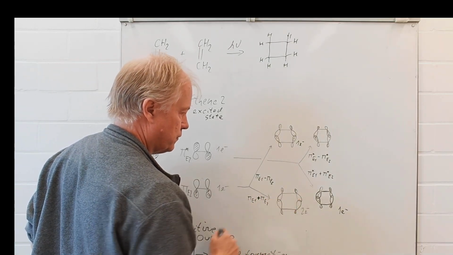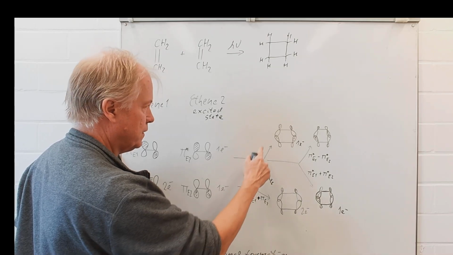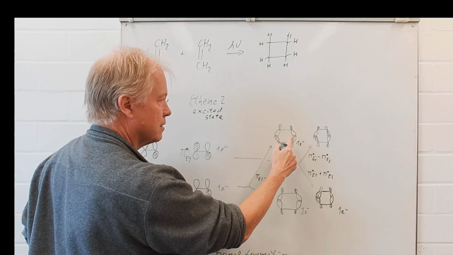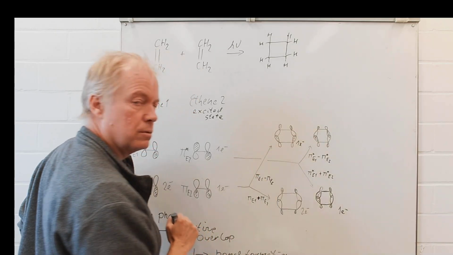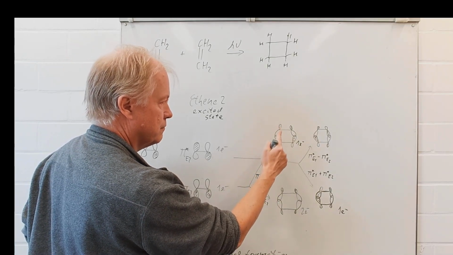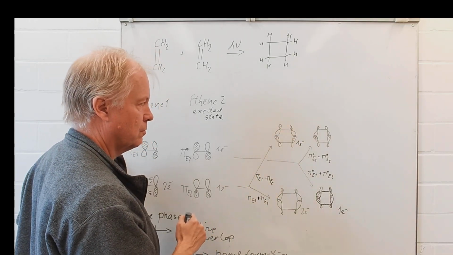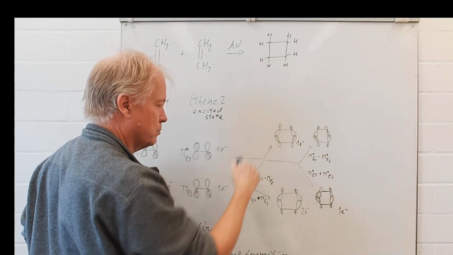So positive overlap, and on the other hand, if we have combined different phases, there is no overlap, and therefore this is an antibonding molecular orbital of the cyclobutane.